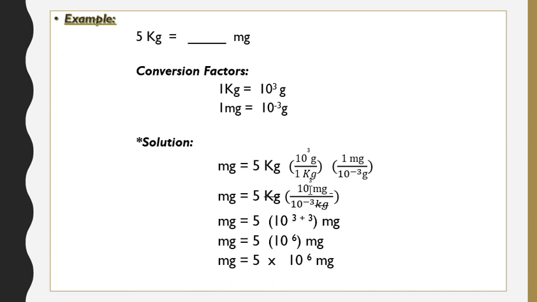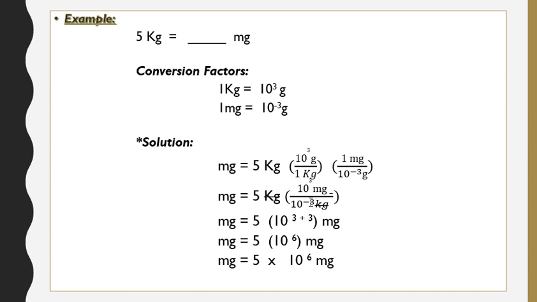What we have to do is calculate the exponents. So what is the exponent in the numerator? We have positive 3. And for the denominator, negative 3.